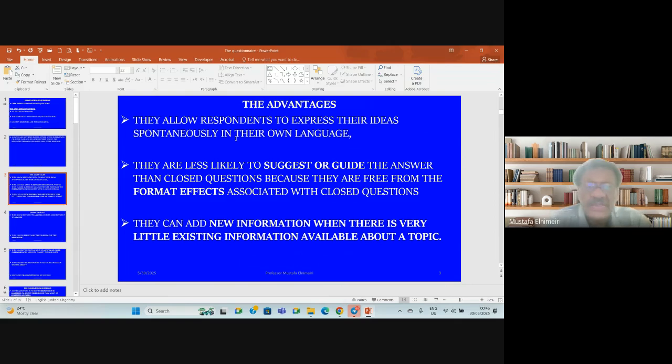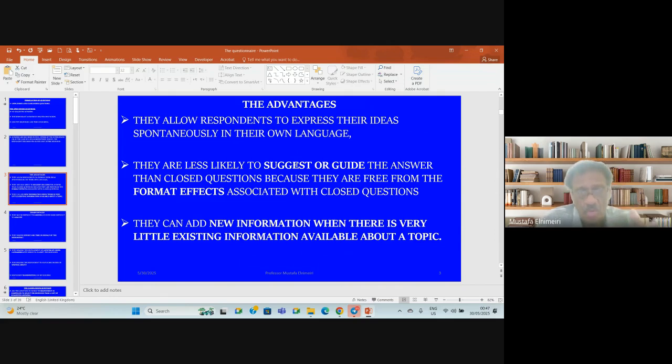The advantage is that such questions allow respondents to express their ideas and opinions spontaneously in their own language, and they are less likely to suggest or guide the answers than closed-ended questions, because here the respondents are free from the format effects associated with the closed question, in the sense that they are obliged to select from the options stated in the closed-ended question.